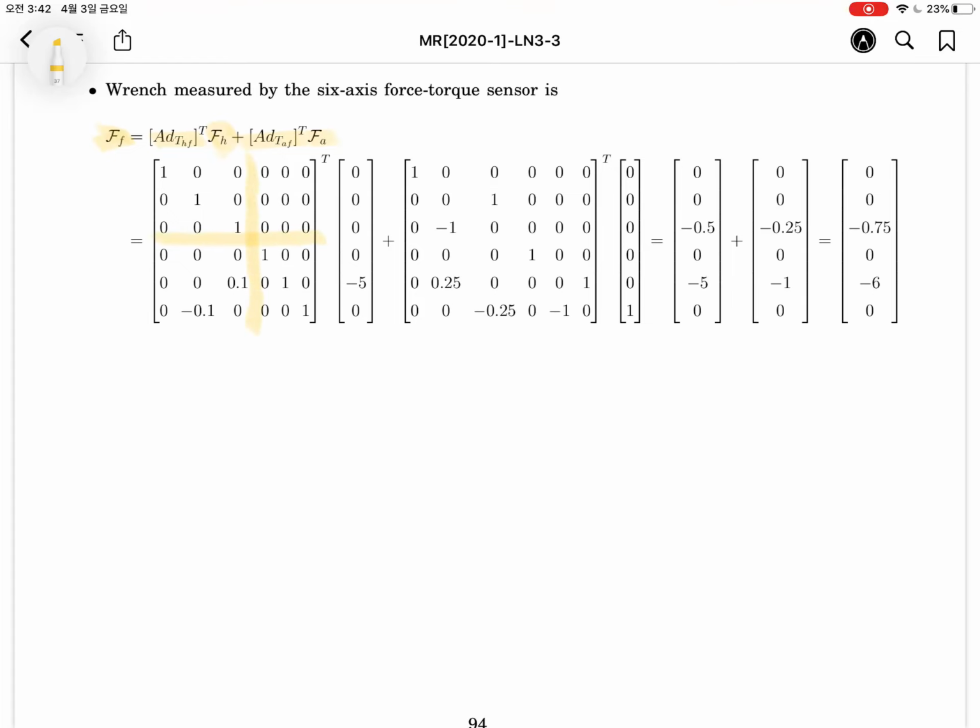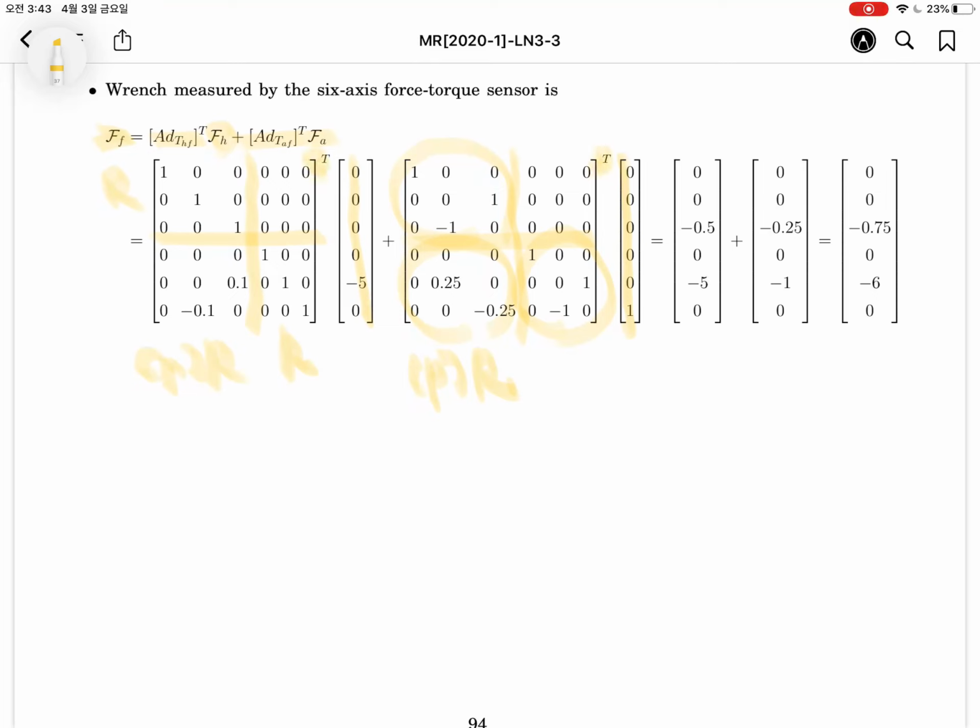So using the transformation, we can write down this is the R, this is the p bracket R, this is the FH. One more: this is the R, this is the R, this is the p bracket R, and this is the FA.